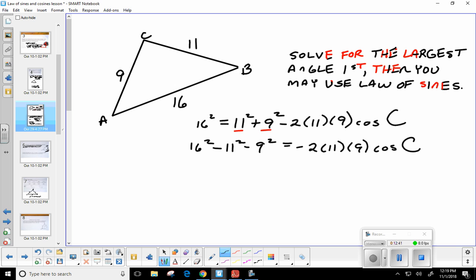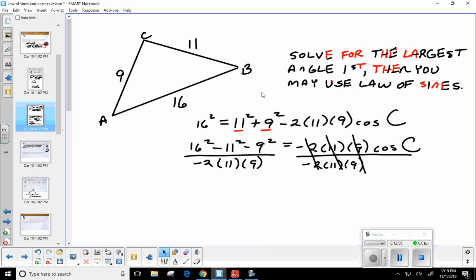Then we divide by what's in front, this product here. So negative 2 times 11 times 9. So all of those cancel. Cosine of C now equals this expression.